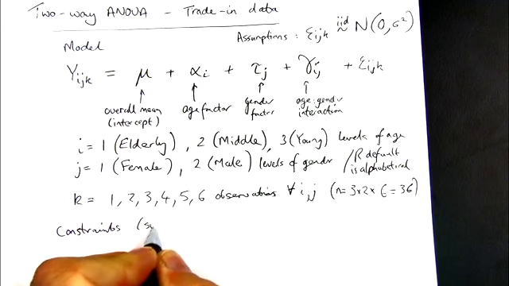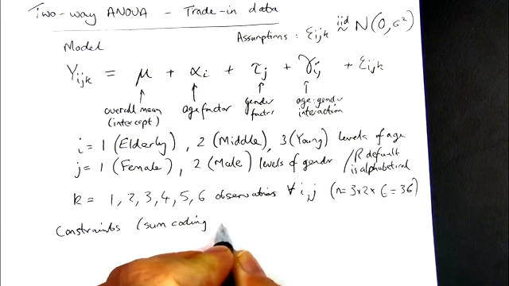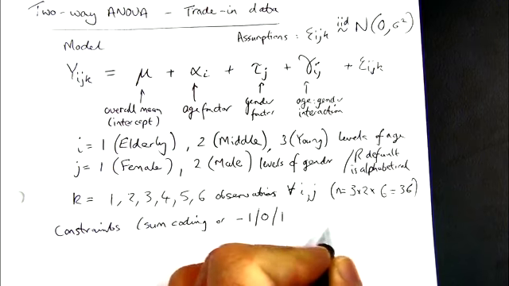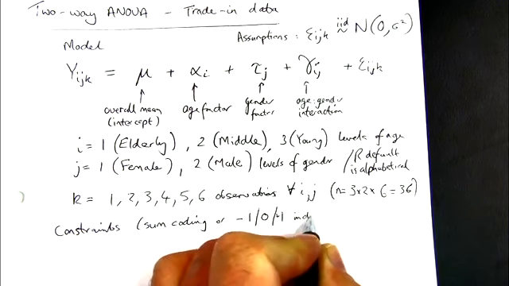So we've used sum coding. If I'd done it manually, as per the brick, I would have set up 0, 1 indicator variables.